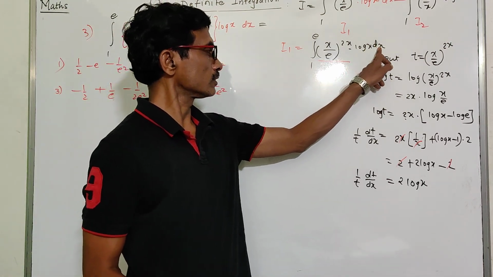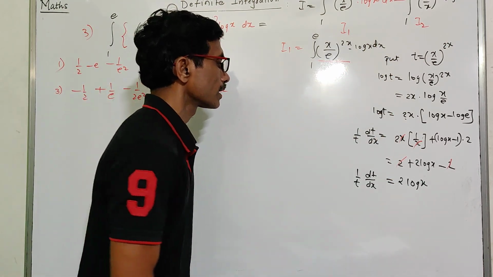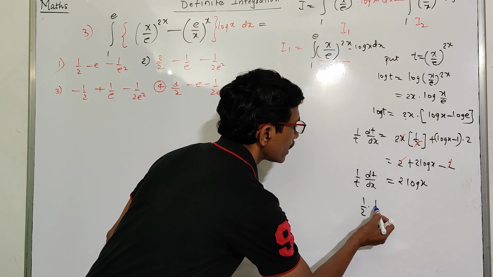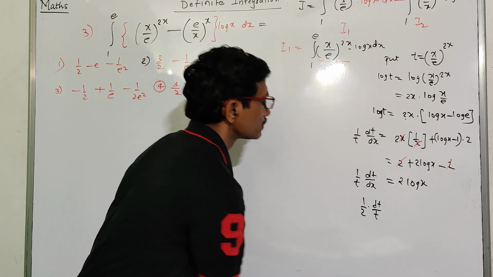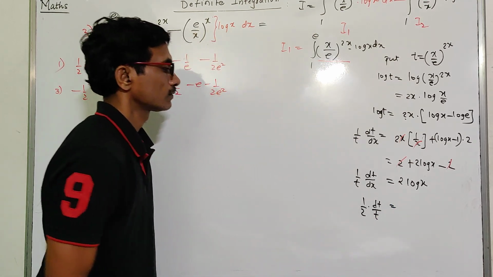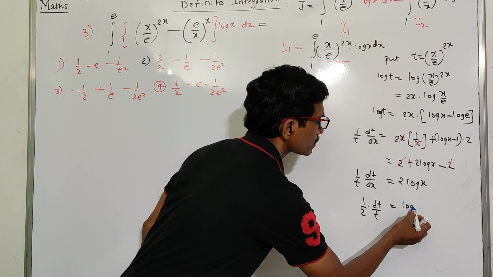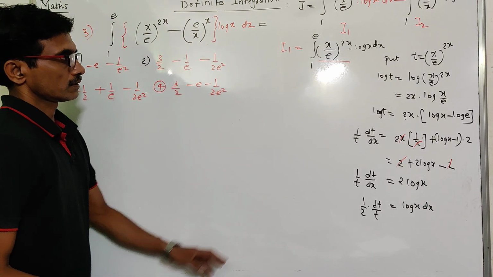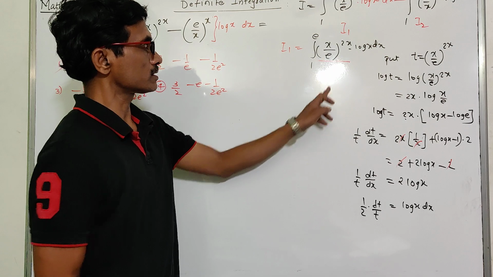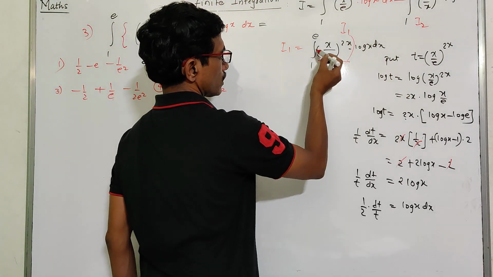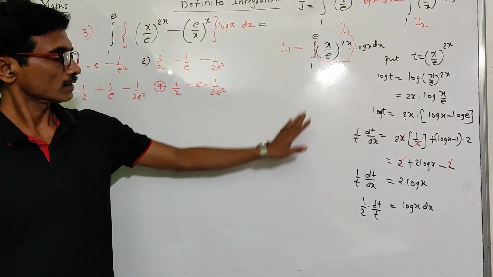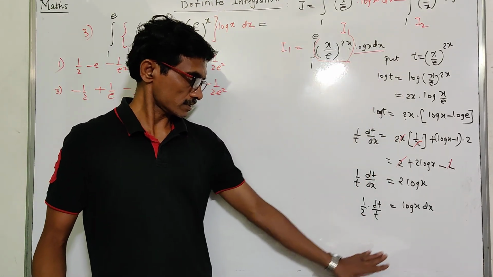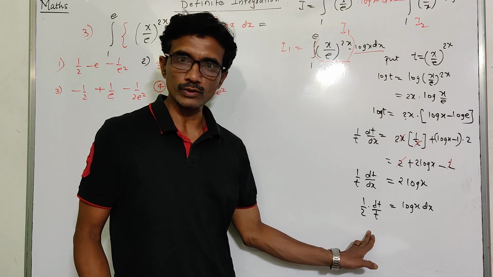So log x into dx is there. So 1 upon 2 into dt upon t is equal to log x dx. The whole term is t. This whole term we substitute t, and this we are getting log x dx. Log x dx is dt upon 2t we are getting.